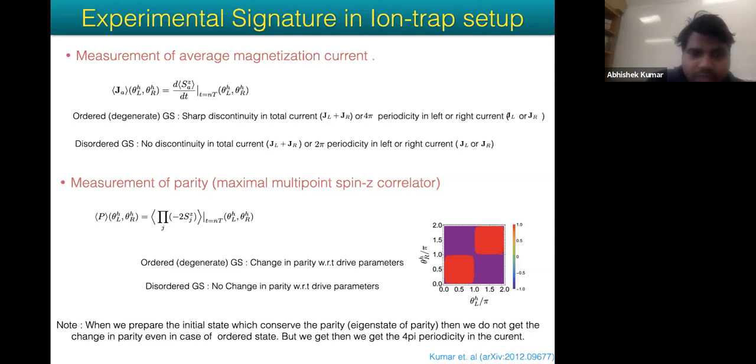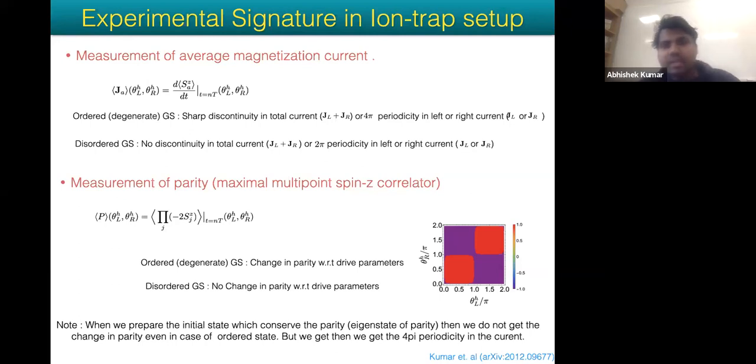If it is 1, it is always 1. If it is -1, it is always -1. But in the ordered phase, which is degenerate, we get a change in parity if we change the drive parameters. So that can be realized in experiment, and by changing this drive parameter and measuring these two quantities, we can detect whether the ground state has degeneracy or not.